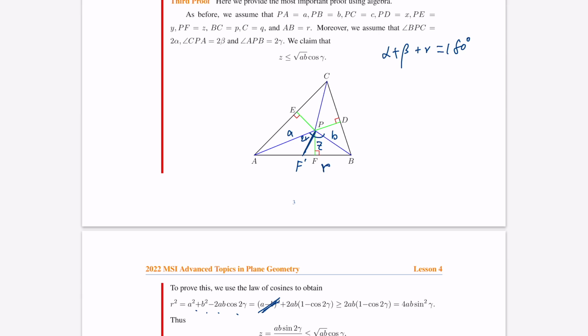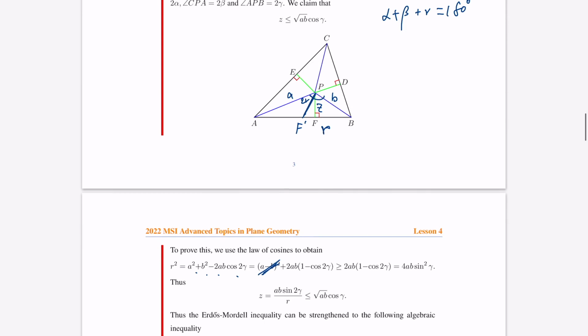Not done yet, but we use the triangle. What is r times z? r times z is twice the area of triangle PAB. By the formula for triangle area, that's half of ab sine 2 gamma, half of ab times the sine of the angle they make.